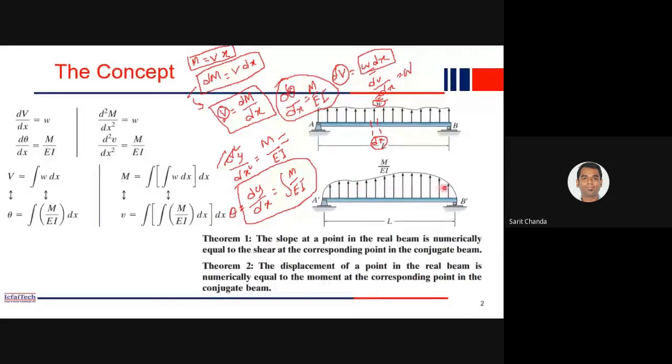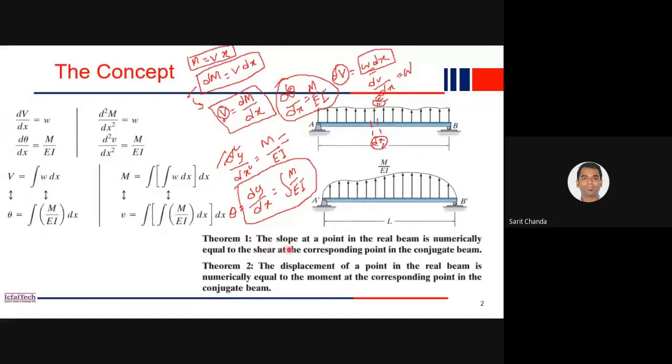In the conjugate beam, if you find the shear force at any particular point, that shear force is equivalent to theta, the slope, in the original beam. Similarly, if you find the moment at any point in a conjugate beam, it is equivalent to the deflection in the original beam. So we have two theorems for this.